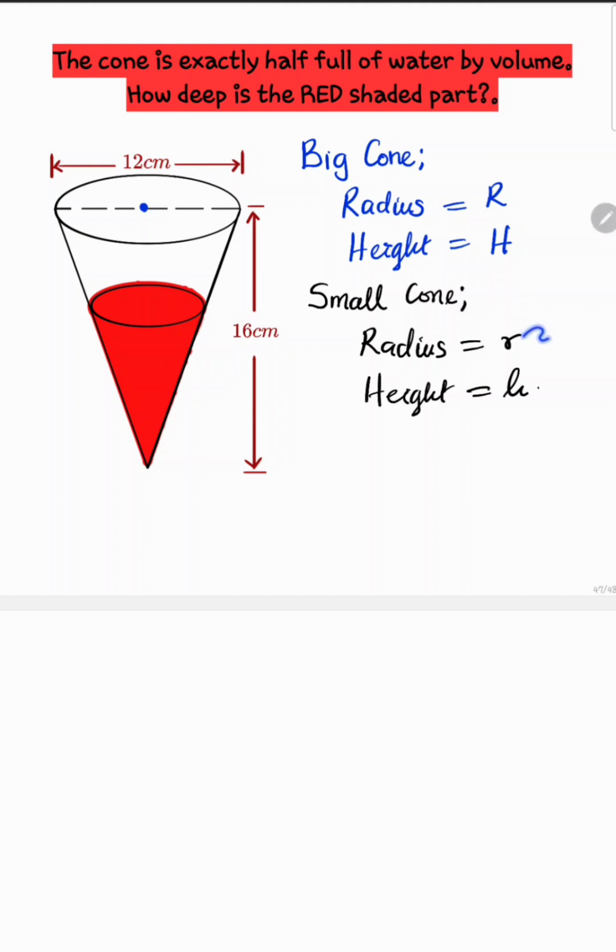The ratio of their radii, the radius of the smaller one and the radius of the bigger one, will be equal to the ratio of the smaller height and the bigger height. What do I mean? I mean radius of the smaller cone over radius of the bigger cone is going to be equal to height of the smaller cone over height of the bigger cone.